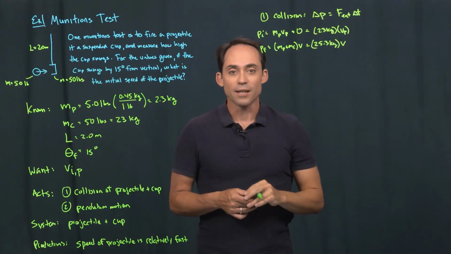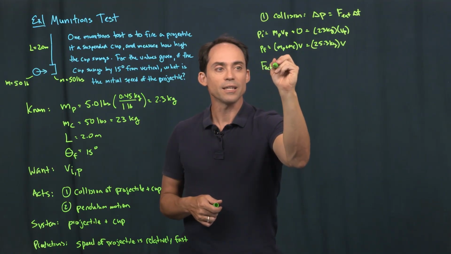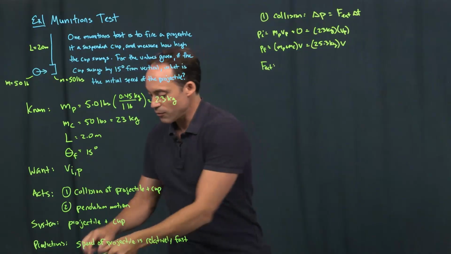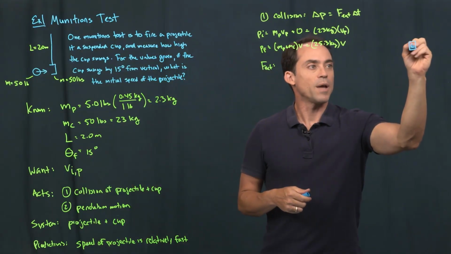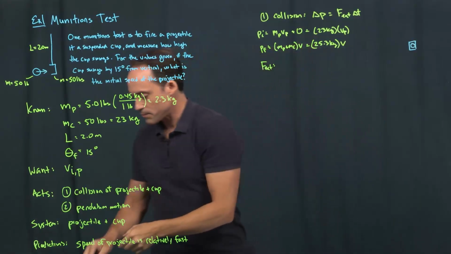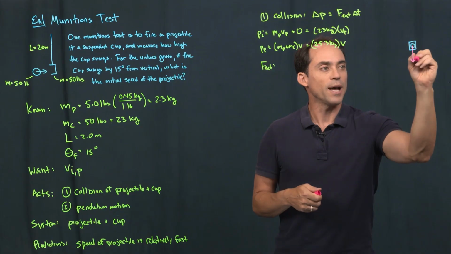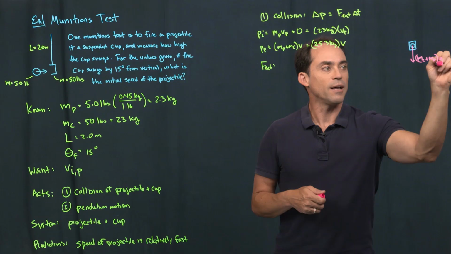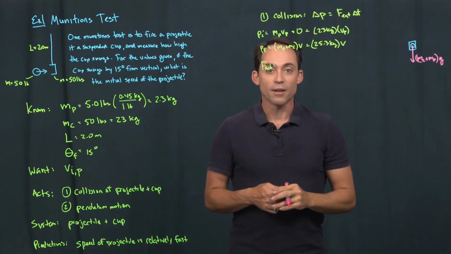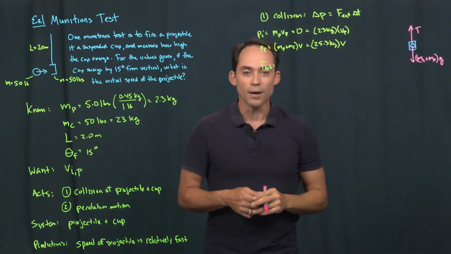We're going to equate that difference to the external forces. And if we think about it, we do have some external forces acting on the system. Let's draw a quick force diagram on the system of our cup and our ball at the same time. And if we think about it, there's a couple forces. Of course, there's the combined weight of the cup and the projectile times gravity. And there is a tension force that's acting on the pendulum, and that's pointing upwards.